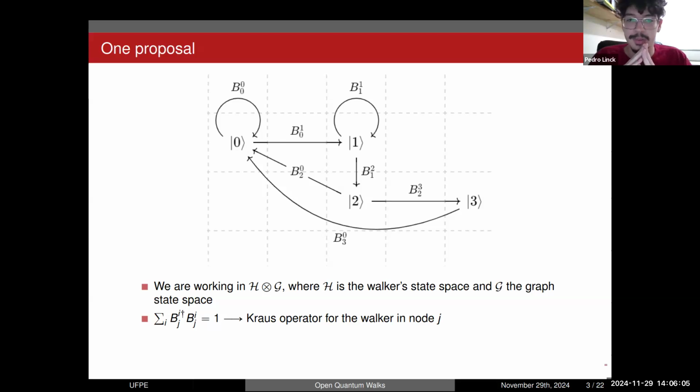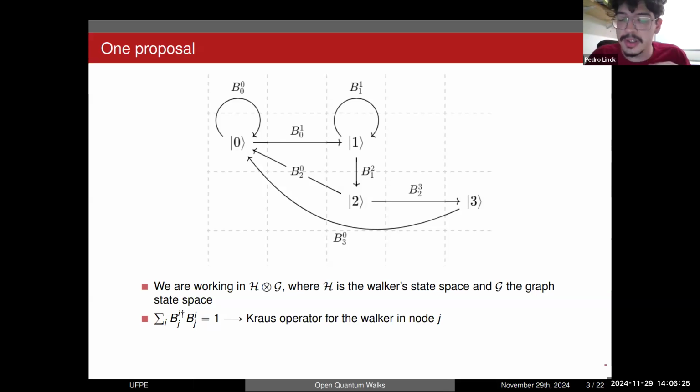So for this model, we have for each vertex a set of cross operators. But the cross operators are acting only on the space of the walker. It's not changing the place on the graph.